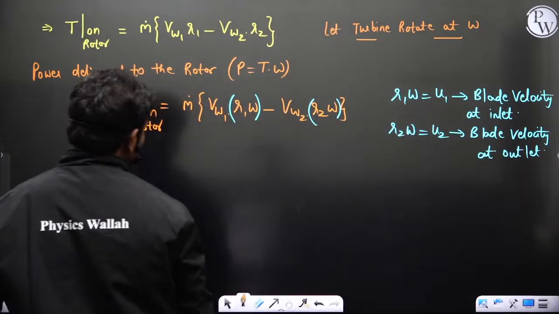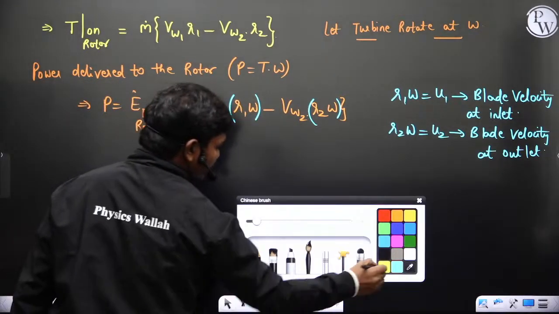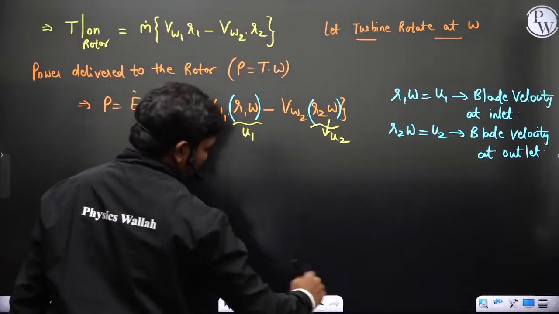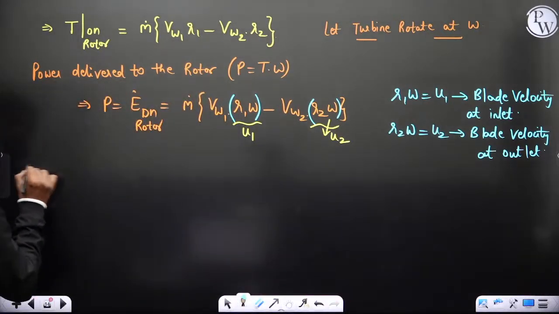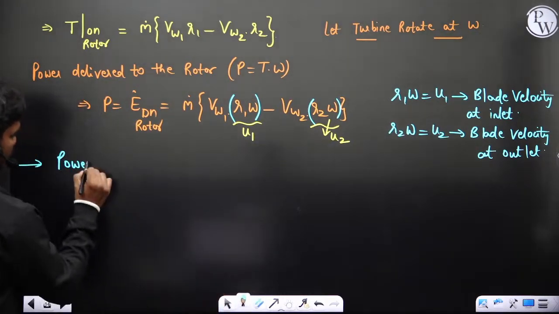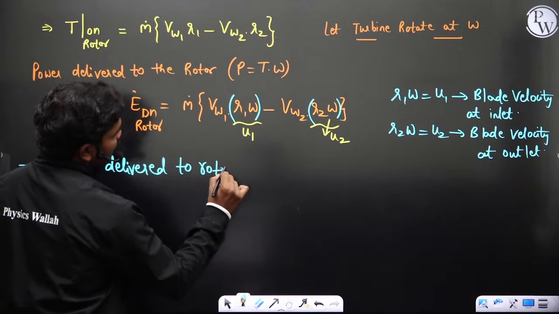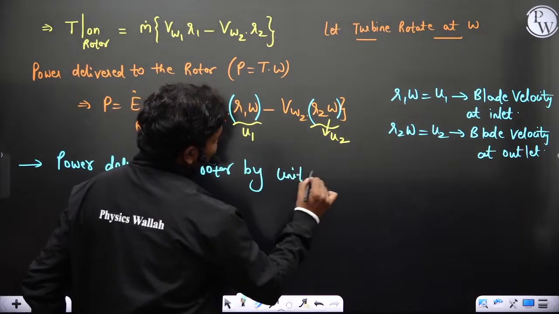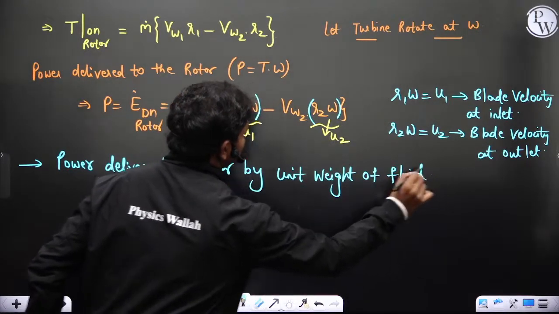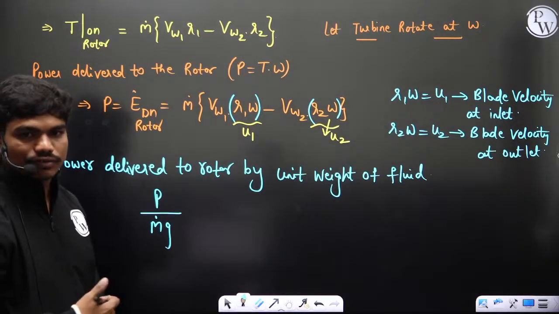Now you can understand something. This is an extensive quantity depending on discharge. So first of all, you can replace this quantity with u1, blade velocity at inlet, and u2, blade velocity at outlet. And the energy or power delivered to the water per unit weight of fluid is nothing but P by m dot into g, because this is the unit weight per second flowing into the machine.